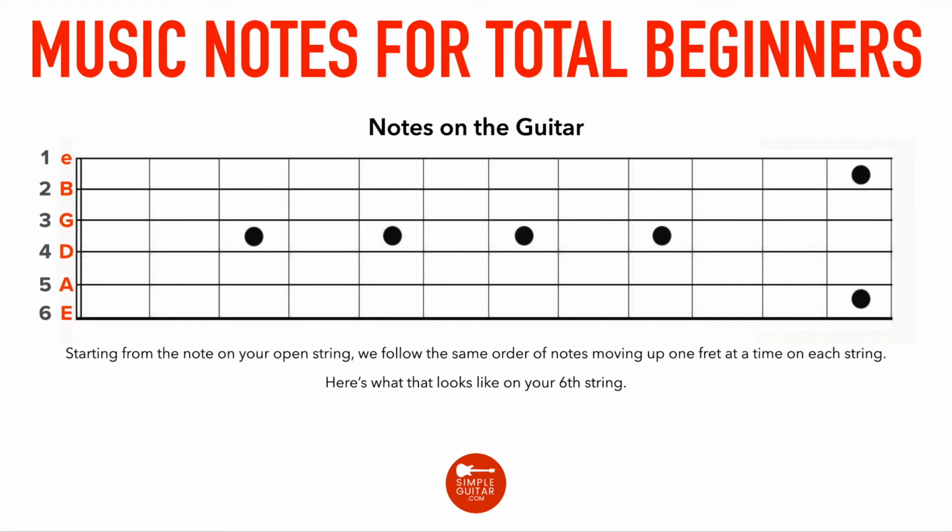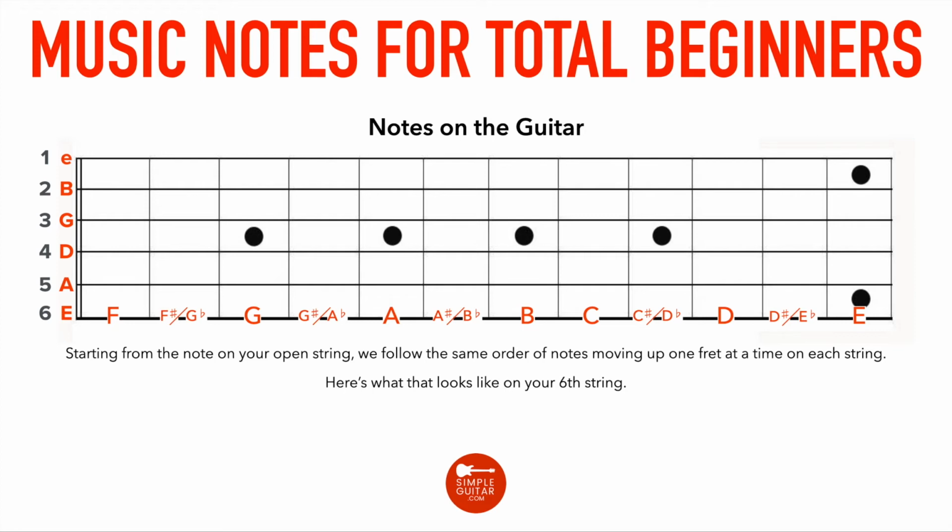Okay, so here's what the order of these notes is going to look like, starting from that E note on your low 6th string. So we're going to have E, and then we'll have F sharp, G sharp, A sharp, B, C sharp, D sharp, E. Okay, so what I will do is I will have students play these and say the name as they go up each fret.